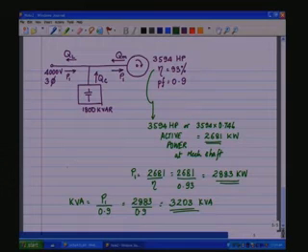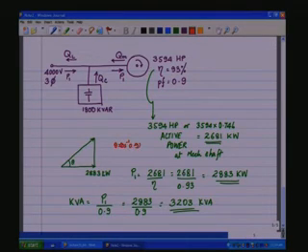So, you have 2883 kilowatts active power. There is some reactive power component, and because we know the angle theta, theta is cos inverse of 0.9, which is 25.8 degrees.